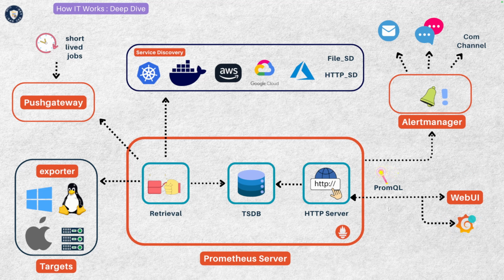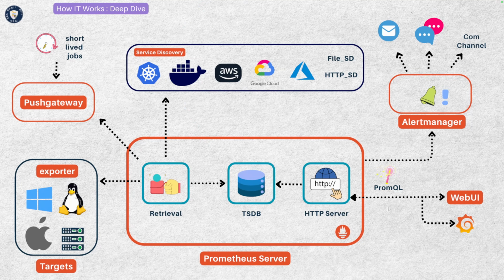But for the best visualization, yes, Grafana is the recommended tool, which is also officially mentioned in the Prometheus official documentation. Okay, so these are the ways by which we can visualize the data. So this is the architecture. Here we have seen, basically, this is the heart, the Prometheus server.